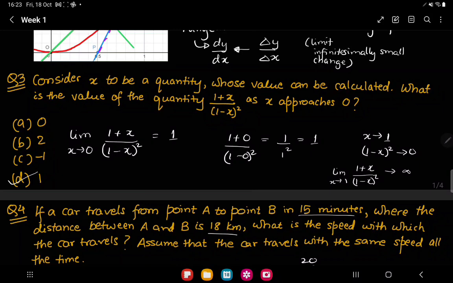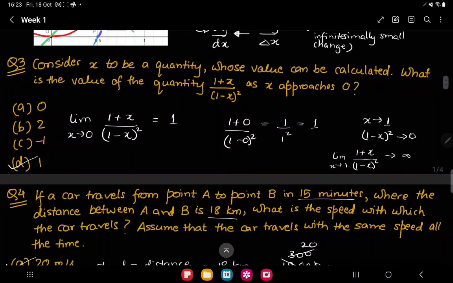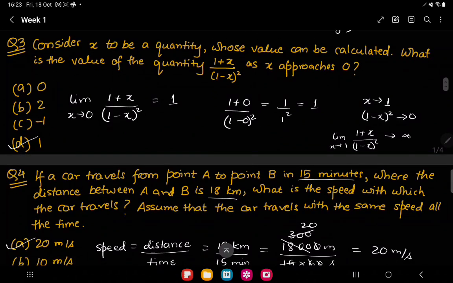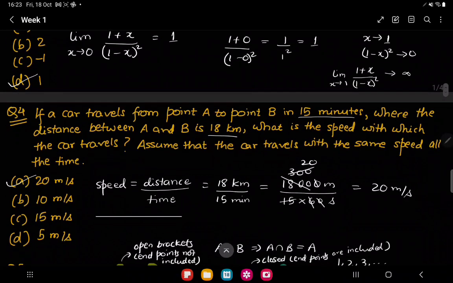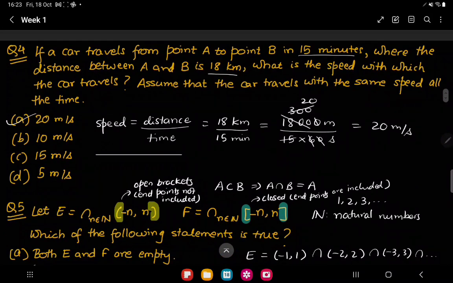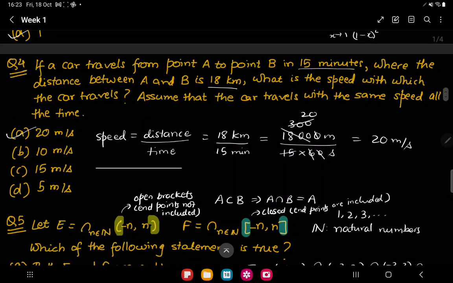Then we saw how to find out limits. In this simple case, we could actually just plug in the value of x. This is a very high school level concept. Speed is distance over time.